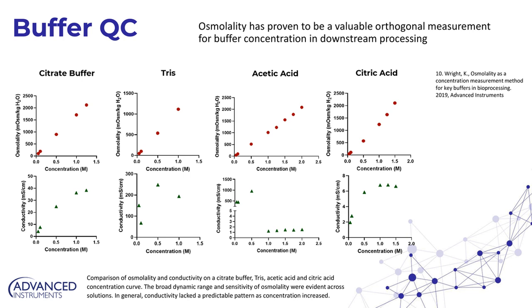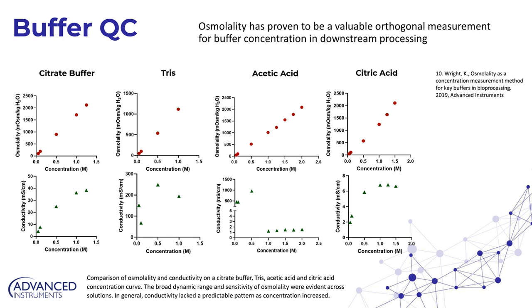And as you can see from the graphs, while not perfectly linear, osmolality certainly offers great predictability and reliability across the concentration ranges. Another thing that's really interesting is that the resolution of these curves is great. If we're operating from 0 to 2000 milliosmoles, you can see a very clear difference between the osmolality at one concentration and another.